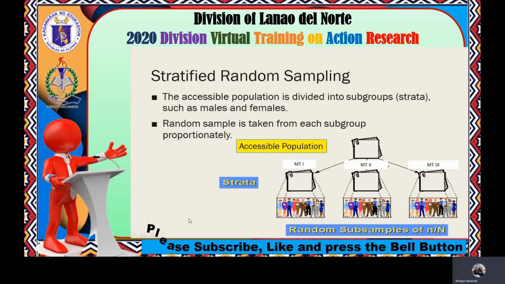Now we want to have a proportionate number of participants from the master teacher positions. Therefore, from the accessible population, we need to have strata of master teacher 1, master teacher 2, and master teacher 3.